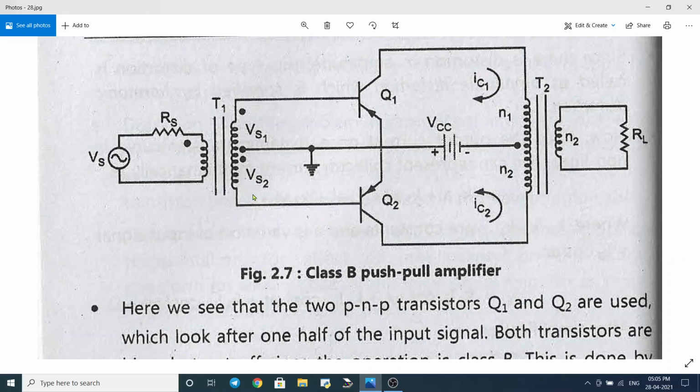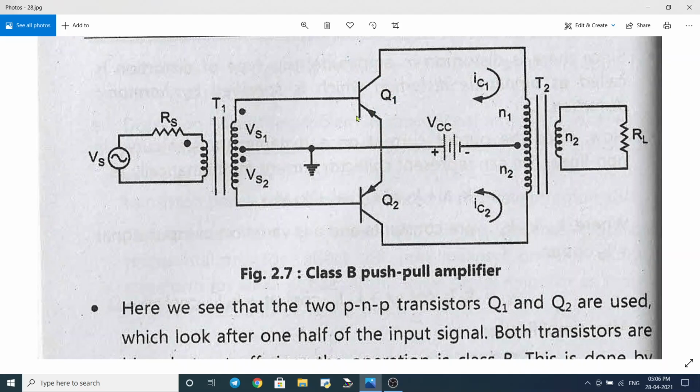There is an input coupling transformer. This is the input device. This is the output coupling transformer. And this is the output device, the output load. Actually, this is only the circuit, because we will need plus VCC and ground to make the circuit on.